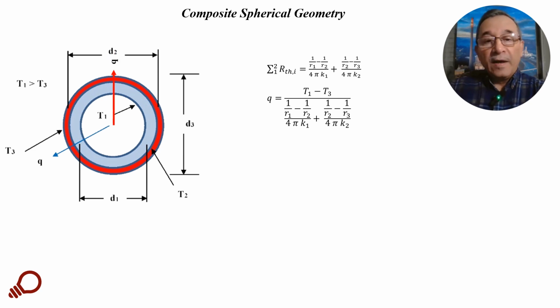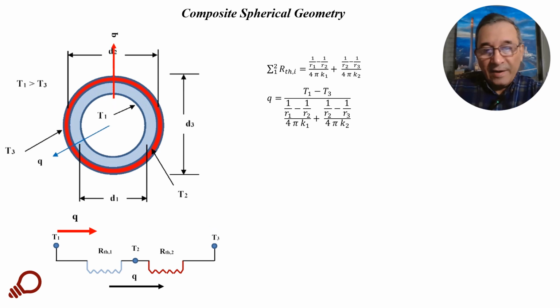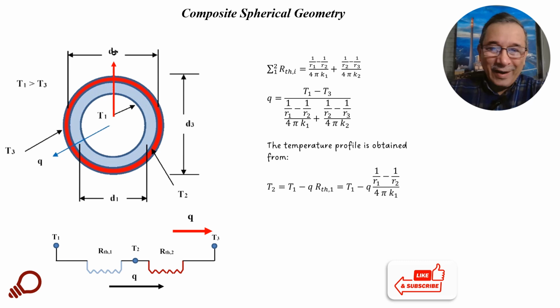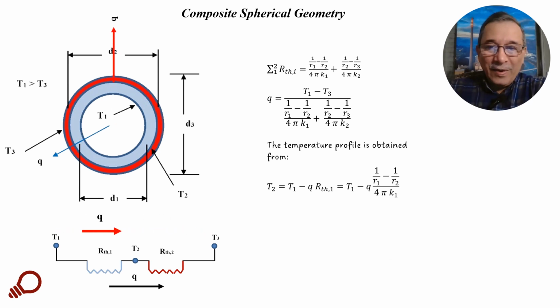And if we substitute R thermal, then we will get the one shown in this equation and can be replaced in a circuit with thermal resistances, and the Q represents the current which passes through the system. And again, we may use the constant heat that passes from one layer to another to calculate the temperature distribution.